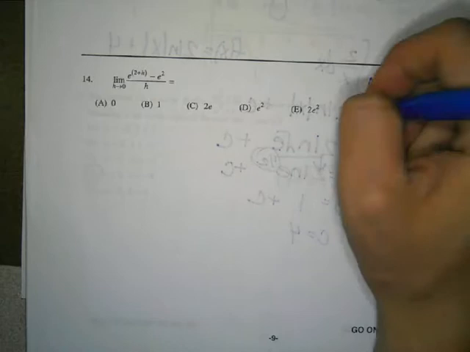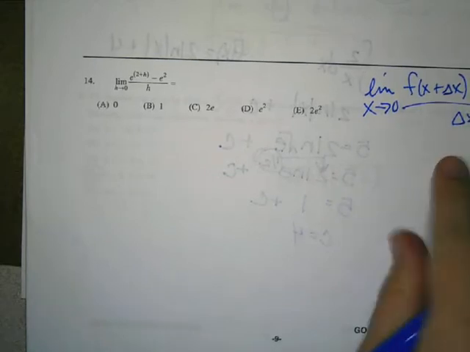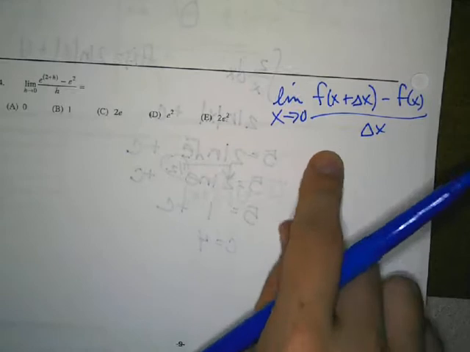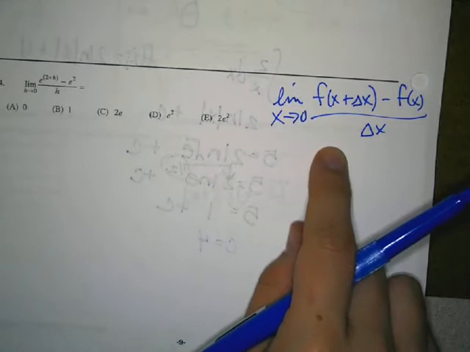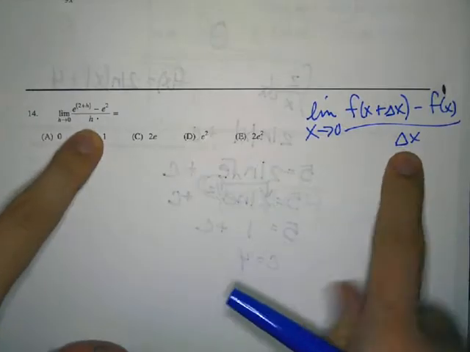Do you remember the limit definition? As h approaches 0 of f of x plus change in x minus f of x all over change in x? Remember when we had to do derivatives the long way? That's not what you have to do here. You just have to recognize that this is set up like that.